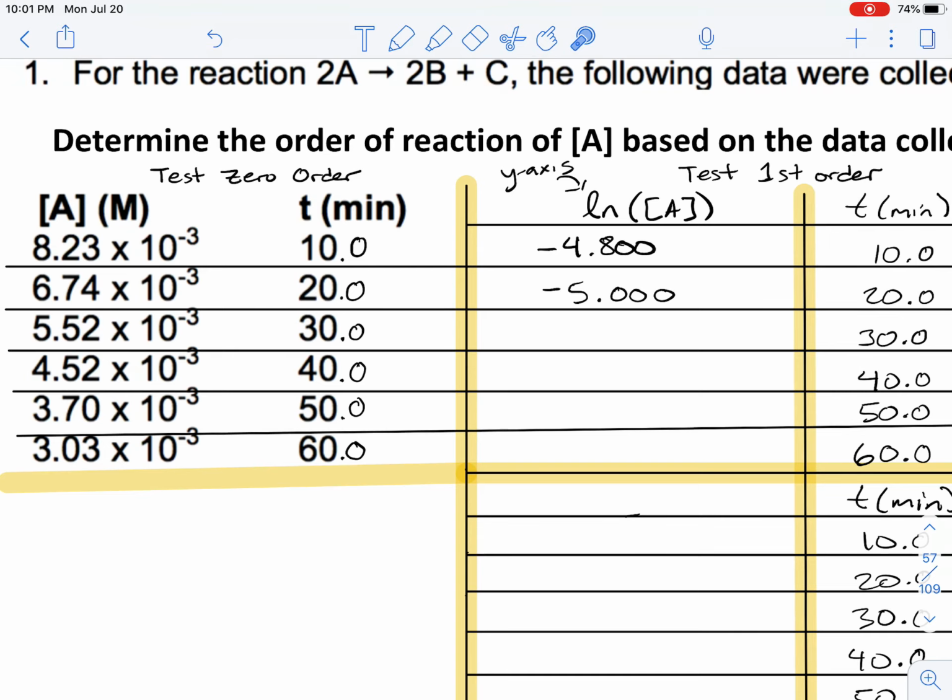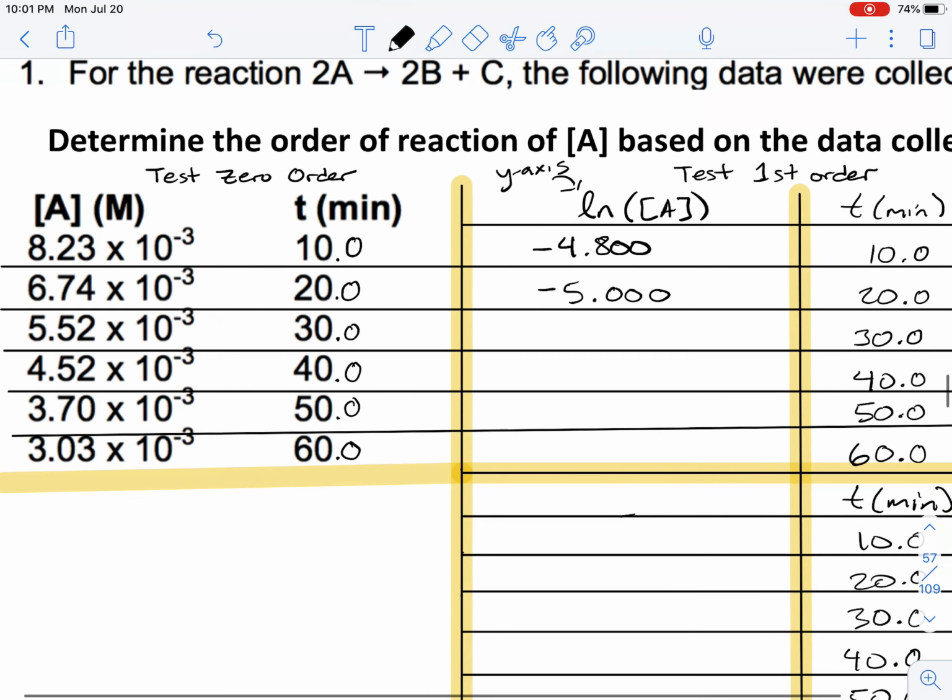And so I'm going to apply that same logic for all of these points that remain. And so when the time is 30 minutes, if I were to take the natural log of 5.52 times 10 to the negative 3, that's going to give me negative 5.199.